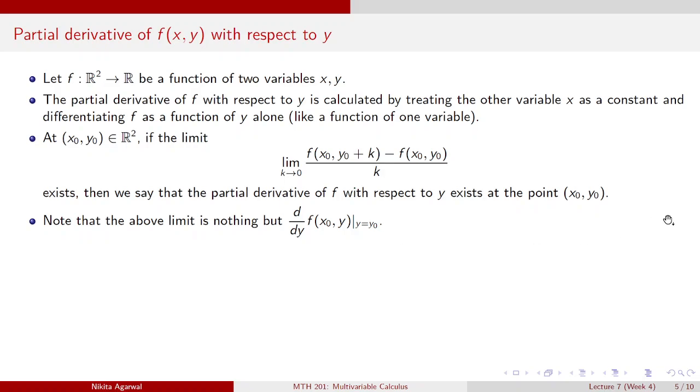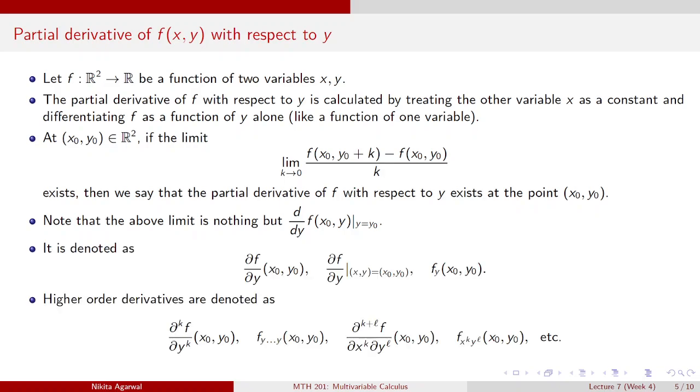Okay, so this is very similar to the previous slide. In the previous slide, we were treating y as a constant and differentiating with respect to x. Here, we are treating x as a constant and differentiating with respect to y. Again, the only difference now is x is replaced by y. So these are the notations.